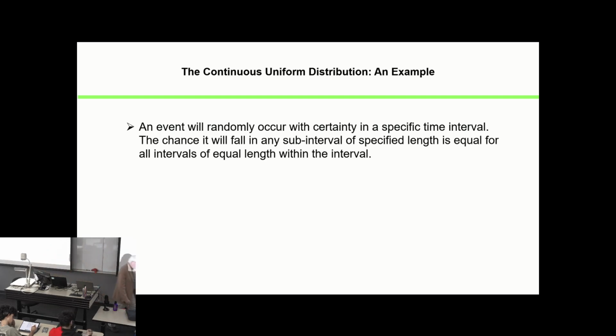But I think a better one is something so simple as expecting a delivery. Your guaranteed delivery is going to occur between 5 p.m. and 6 p.m. with certainty. But you don't know when that delivery is going to be made. When they make that delivery, they're going to ring the doorbell.